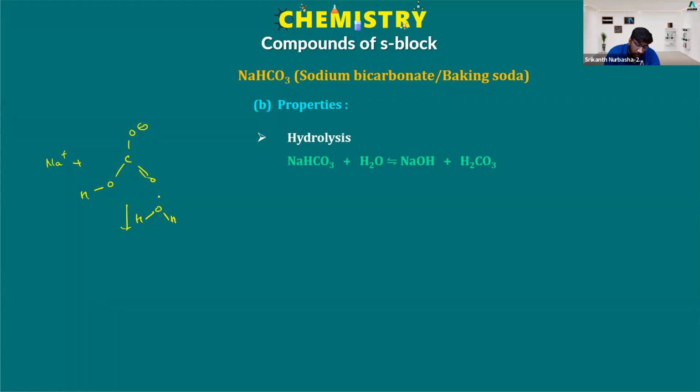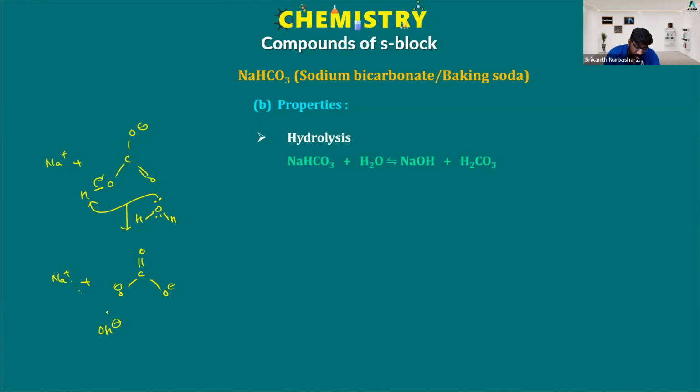So the lone pair of electrons present on oxygen can pick up this proton, leading to the formation of O−, forming Na+ and C double bond O, CO−. Along with that, H3O+ is obtained. I can say OH− from the water picked up the proton. So you will be generating the respective OH−, and H3O+ is there.